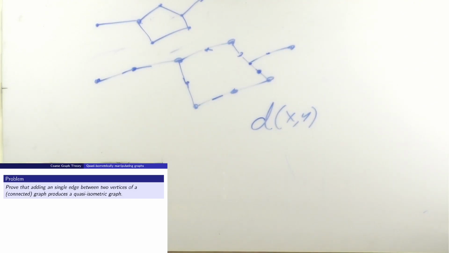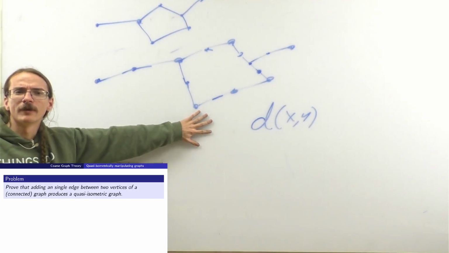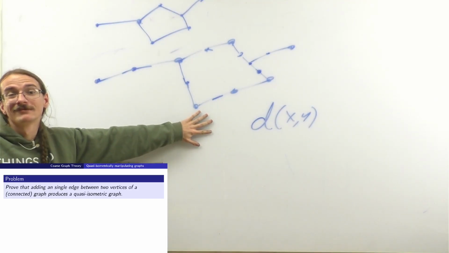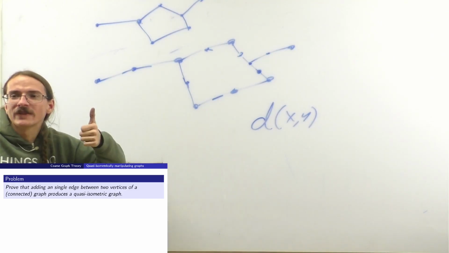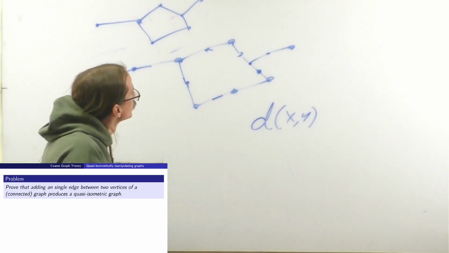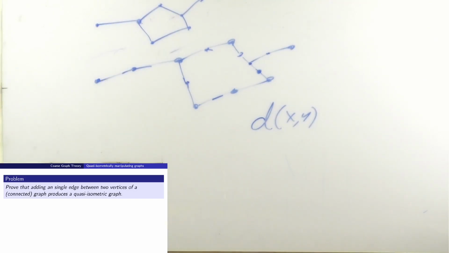So distances exactly double. I could be much more rigorous about this and turn that into upper and lower linear bounds on the distance, but they exactly double. Everybody's good with this? Okay. So that's a quasi-isometry. Give me another fun problem.